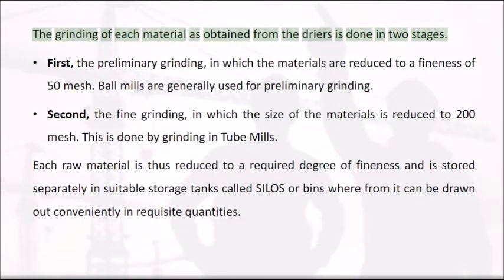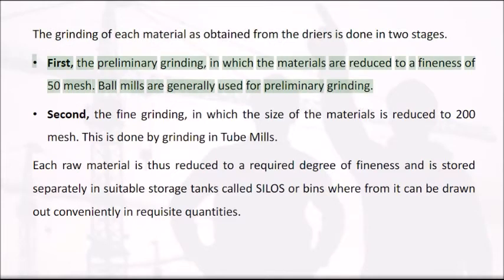The grinding of each material as obtained from the dryers is done in two stages. First, the preliminary grinding, in which the materials are reduced to a fineness of 50 mesh. Ball mills are generally used for preliminary grinding.